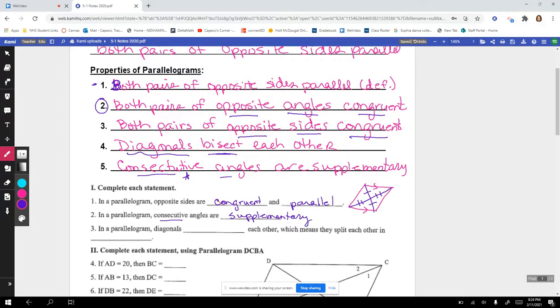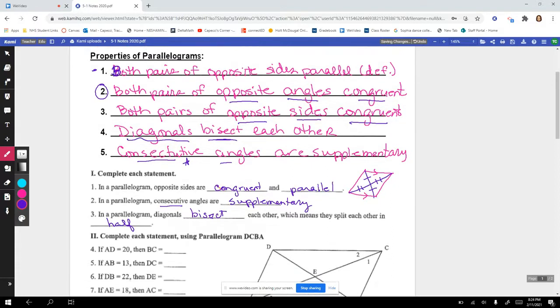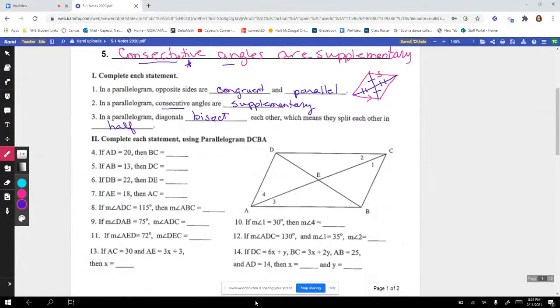We know that in a parallelogram, diagonals bisect each other, which means that they split each other in half. Okay, so we're going to get a lot of practice with this, and the more you do, the better off you'll get. Okay, so let's look at this diagram that we have here.